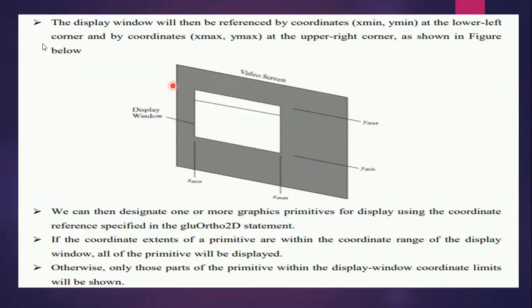So this is the first video screen display you have, or the monitor you can say. It's the display window. Within that window you have one more window that is created by the user, with certain x minimum and x max values, and y minimum.